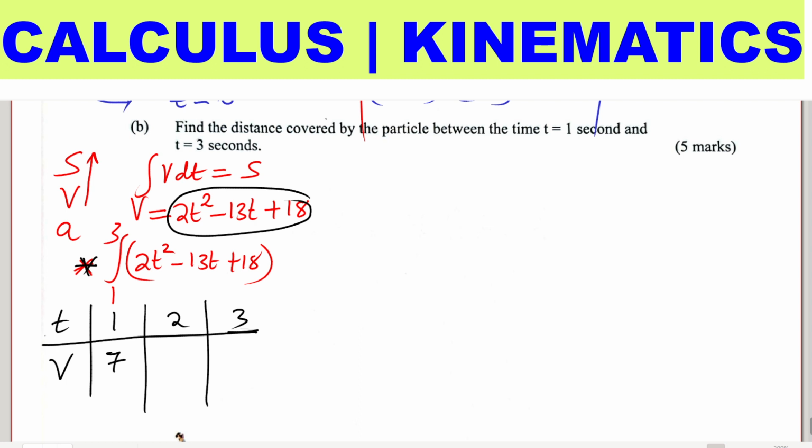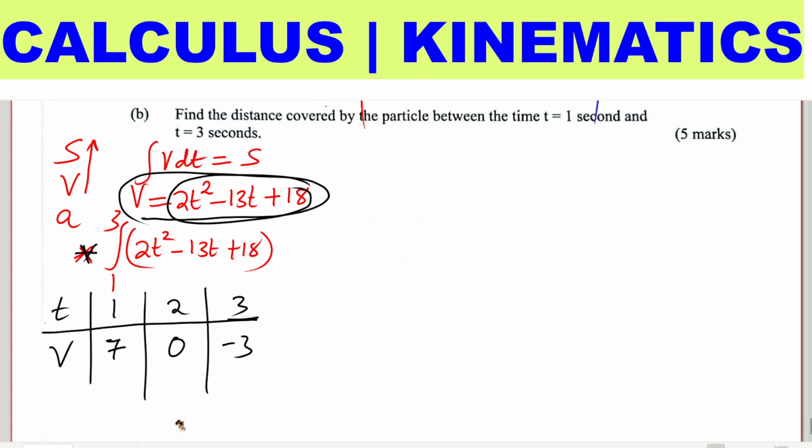So when I add these, I'll get 0. I'm simply substituting t in this expression for velocity. Then when t is equal to 3, this will give 18 minus 39, then plus 18. So this will give negative.